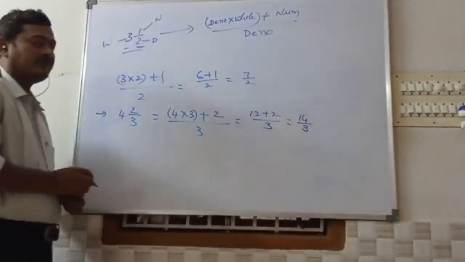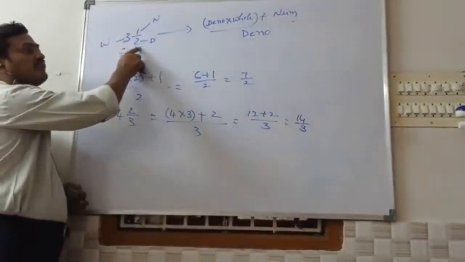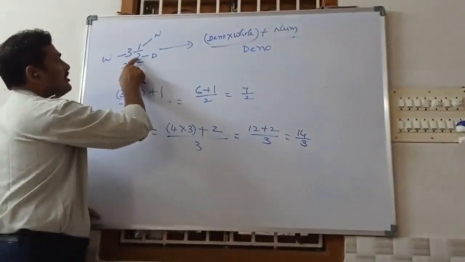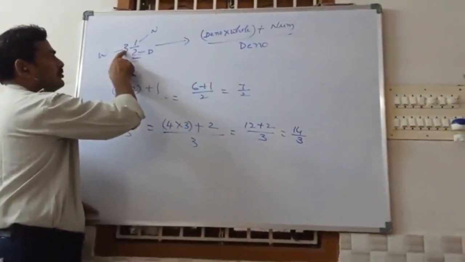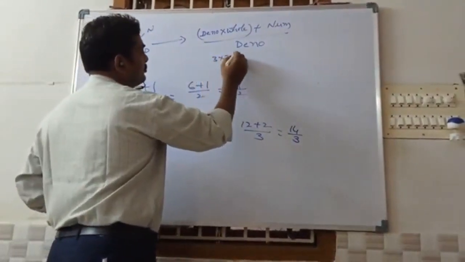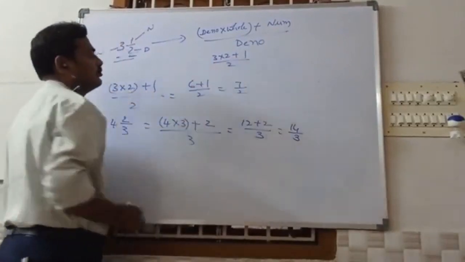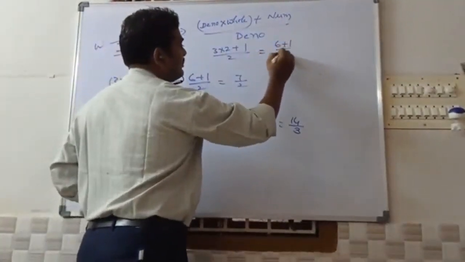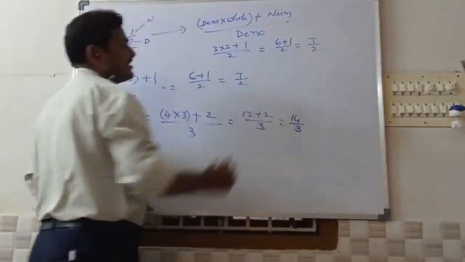This is the formula for converting a mixed fraction into an improper fraction. Look here: denominator into whole number, 3 into 2 plus 1 by 2. That means 3 2s are 6 plus 1 by 2, that equals 7 by 2.